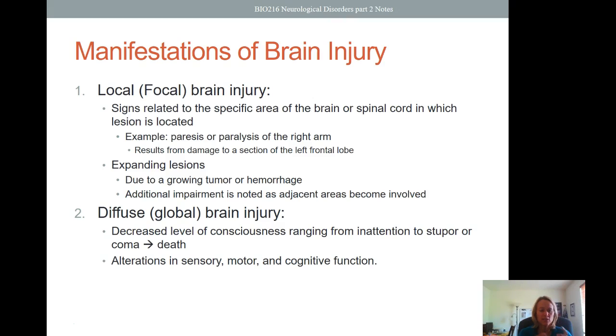Expanding lesions, like due to a tumor or bleeding, have additional impairment as adjacent areas become involved. Diffuse or global brain injuries always result in decreasing levels of consciousness, and this can range from simple inattention to lethargy to stupor, coma, or even death. Diffuse or global brain injuries also result in alterations of sensory, motor, and cognitive function.